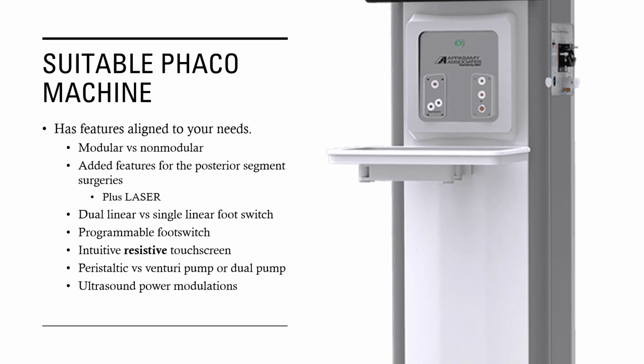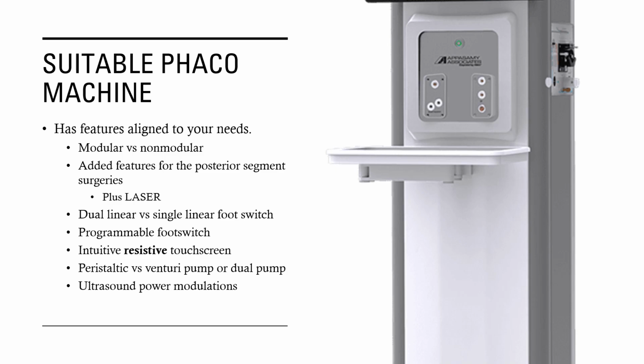These may not be a requirement for an anterior segment surgeon, but it's good to have a machine with added features if you can afford it. And this will definitely give you an opportunity if you want to learn a new set of skills.